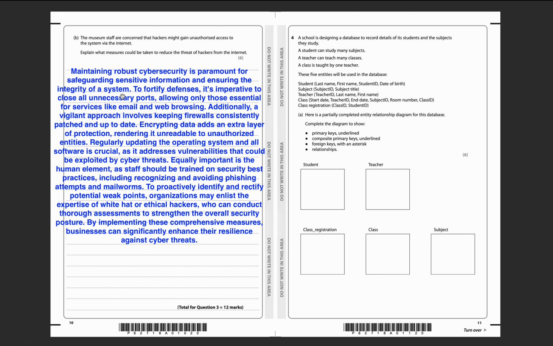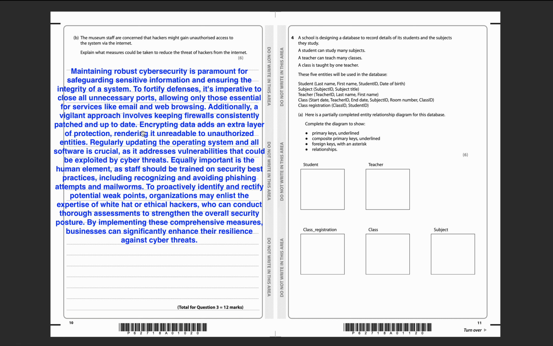Okay. To fortify defenses, it's imperative to close all unnecessary ports, allow only those essential for service like email and web browsing, whatever is essential, only allow that type of thing. Additionally, a vigilant approach involves keeping the firewall consistently patched and up to date.